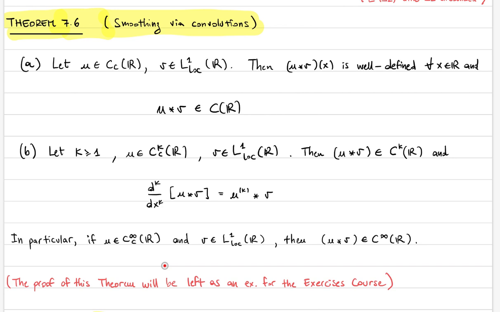They're not too difficult, they're just very technical, so I would rather do something more interesting in the lectures, and then leave you the technical details for the exercises, because I think it's good to see these proofs at least once in your life.